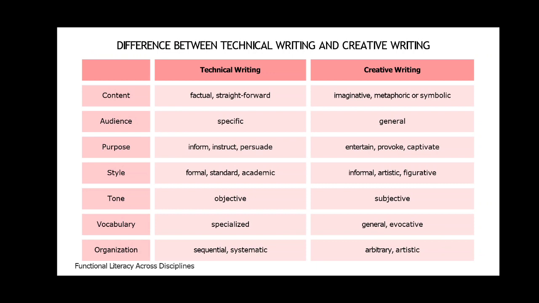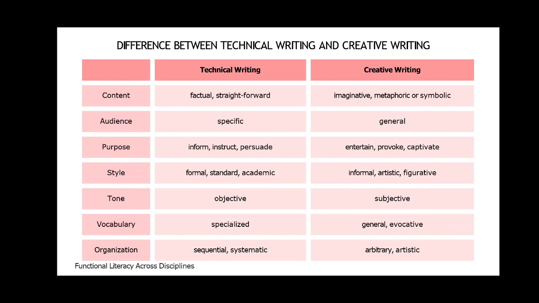With technical writing for audience, we are writing for a specific type of people. So they may be students, other professionals, and whatnot. For creative writing, it's very general. We can write about anything for anyone. So, for example, with creative writing, if you are going to write a poem about love, then it is designed to be read by everybody.